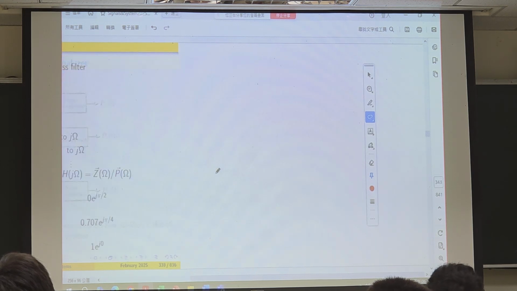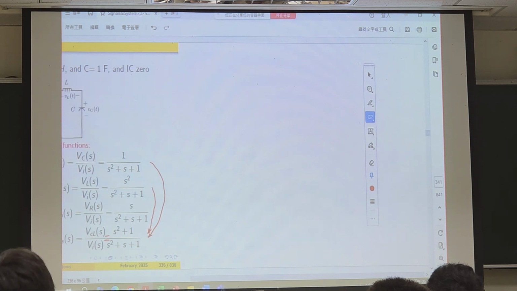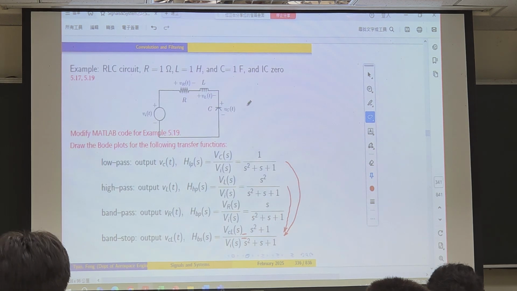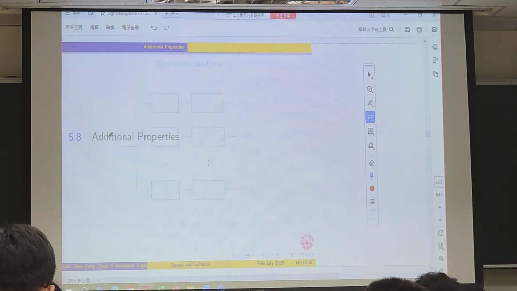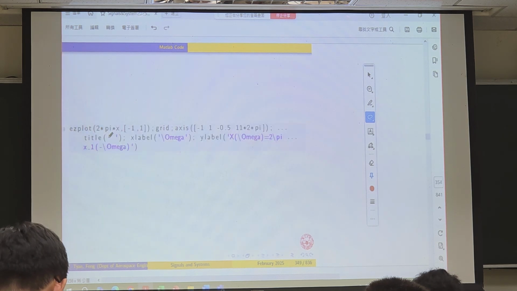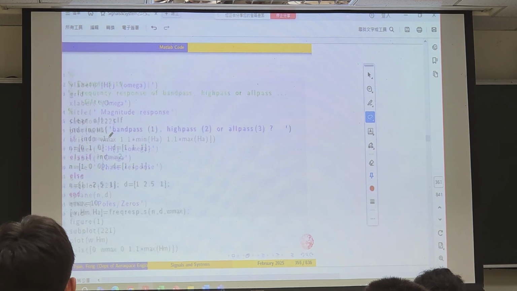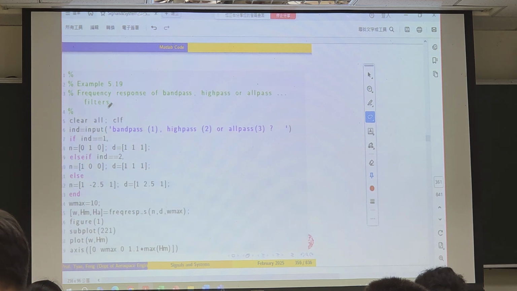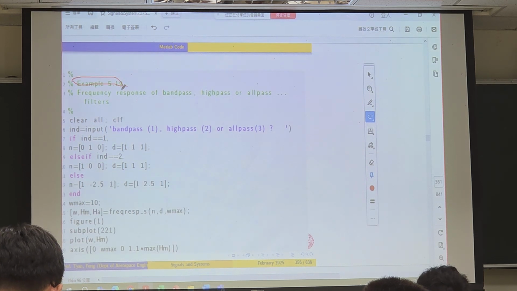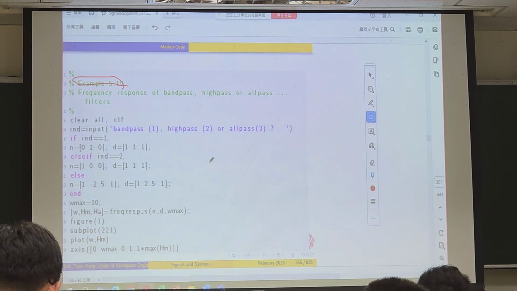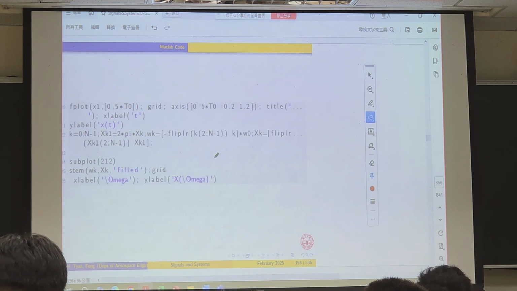Number one, go to the MATLAB code, for example 5.19, on page 356.